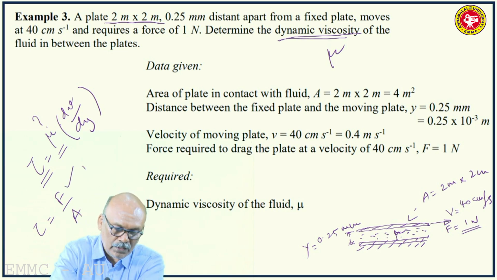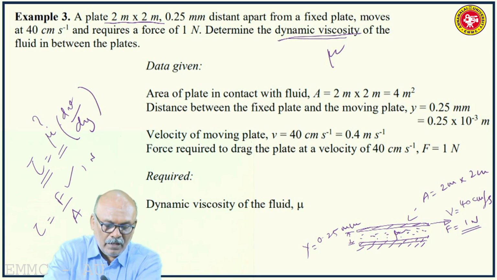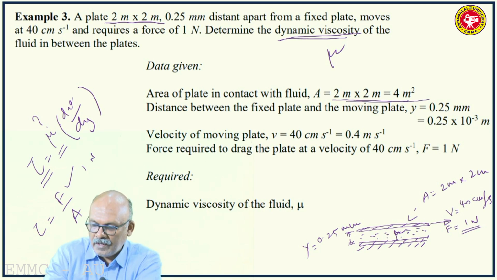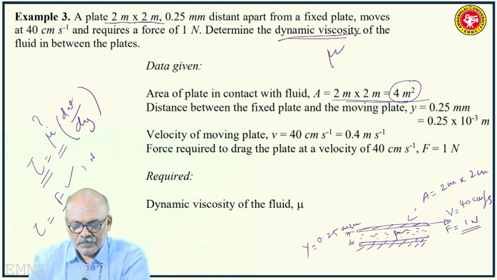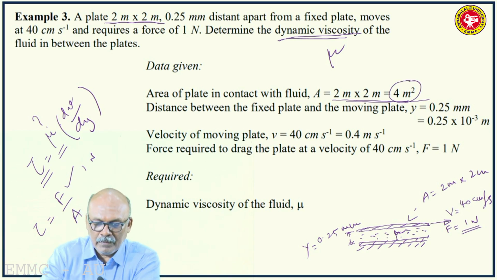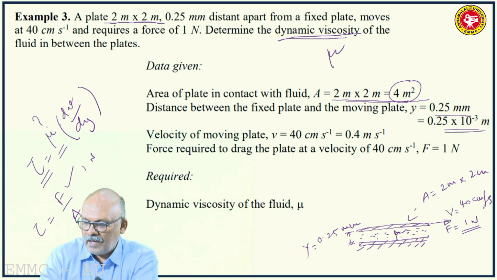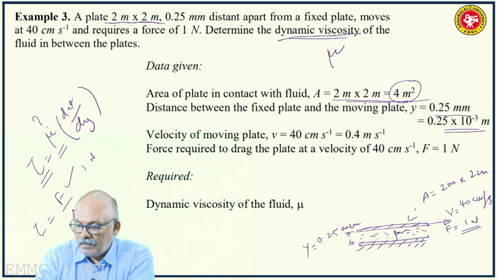So this is given, this is 1 Newton, and the area is given, that is 2 meter by 2 meter, 4 meter square is the area of the surface of the plate. The distance between the fixed plate and the moving plate is 0.25 millimeter. We can express this in meters, because 1000 millimeters make 1 meter, and therefore 0.25 millimeter will be 0.25 into 10 raised to the power minus 3 meters.